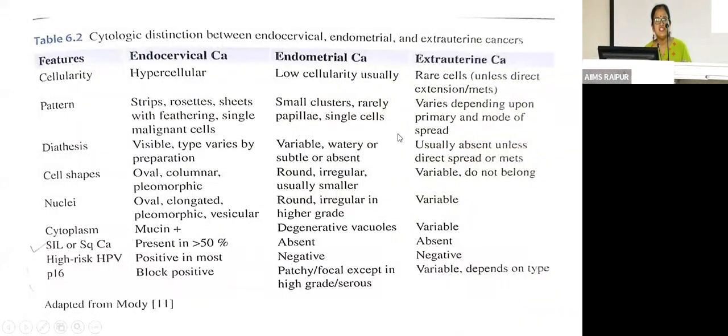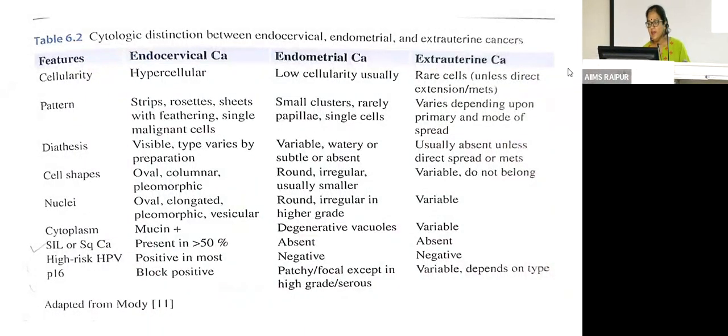So how will you differentiate between all of these glandular carcinomas on cytology? By looking at cellularity of the smear, pattern, tumor diathesis present or not, cell shape, nuclei, cytoplasm, coexistent squamous intraepithelial lesion or carcinoma, high risk HPV present or not, and IHC with P16, which can be done on cell block prepared from the preservative fluid.